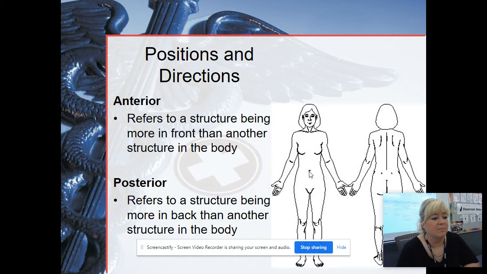Or you could say your spine is posterior. You can flip it. Your spine is posterior to your lungs. Those are just ways that we can describe where the body parts are and how they're located. Superior, inferior, anterior out front, posterior toward the back. So those are the ones we've got so far.